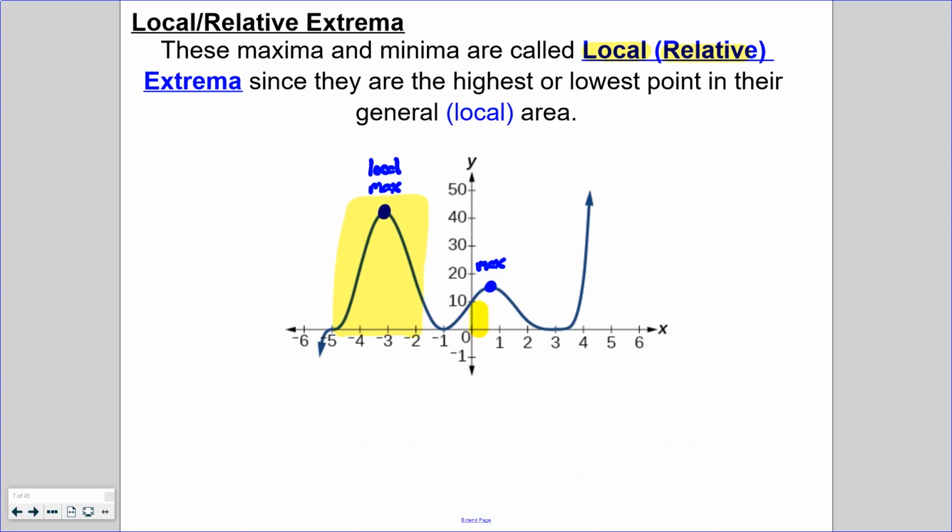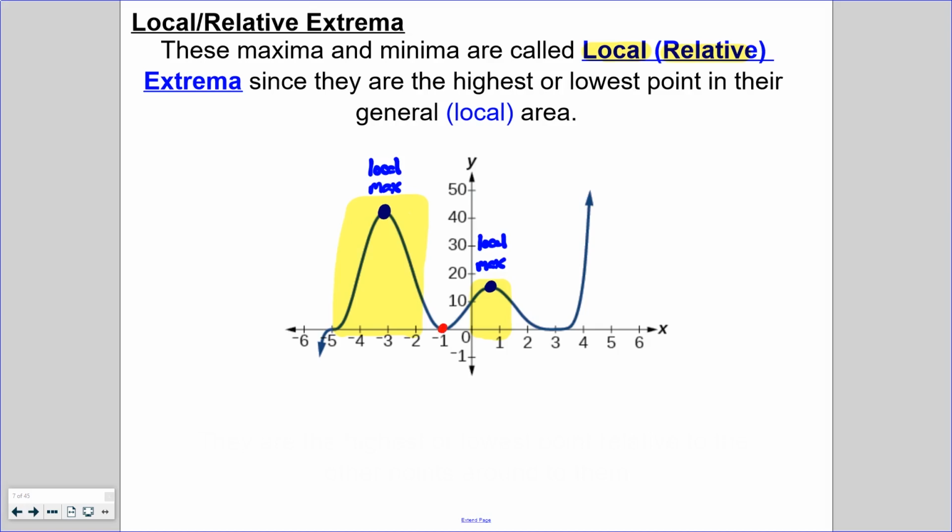Similarly, we can draw a little neighborhood around our other maximum value. And when we compare it to all the other points that surround it, in that little highlighted neighborhood, it is relatively the highest point, because if you compare it to all the other y values in that little area, it's the highest. So that's why we call it the local or the relative extrema.